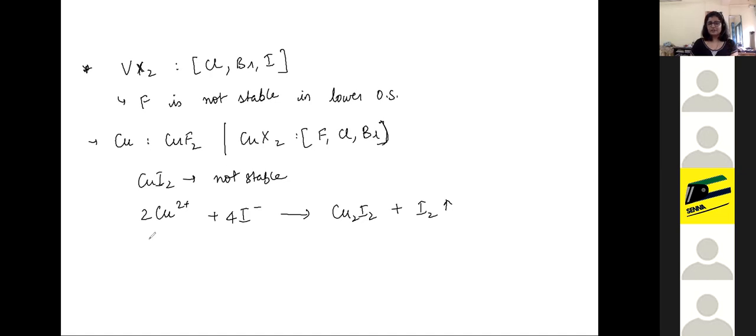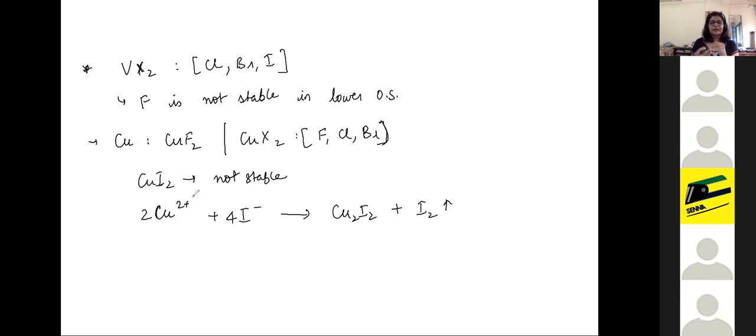And as I mentioned earlier, copper would prefer to be in +2 oxidation state, even though Cu plus has a fully filled d orbital, because of the enthalpy of hydration.